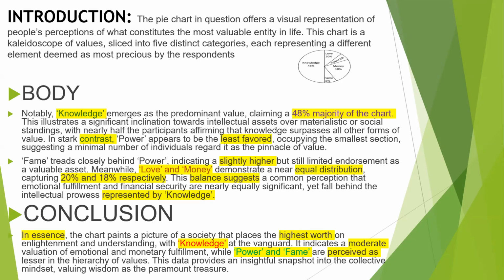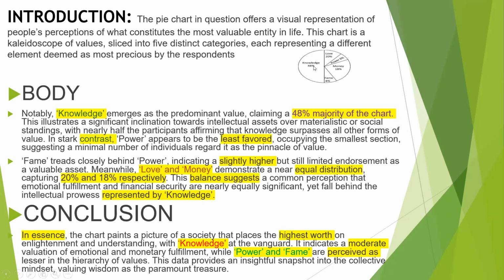So here you can use "the pie chart illustrates" a visual representation of the people's perceptions of what constitutes the most valuable things in life. This chart is a kaleidoscope of values sliced into 5 distinct parts, each representing a different element deemed most precious by the respondents.